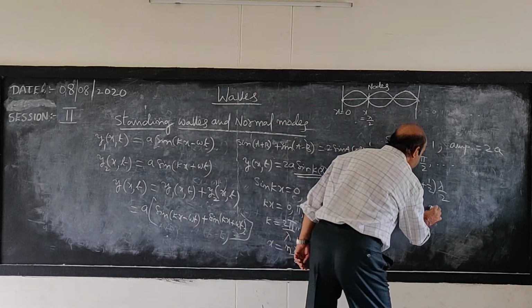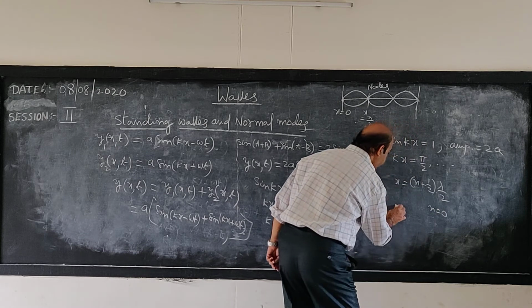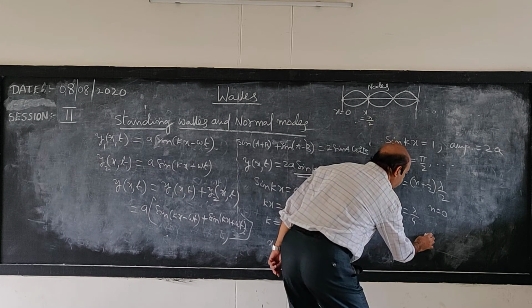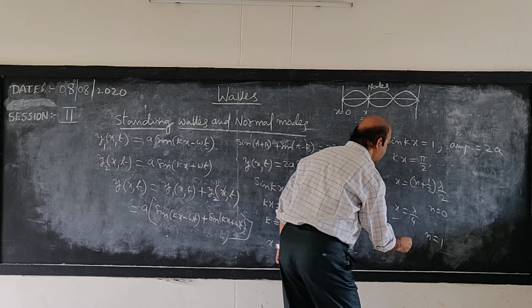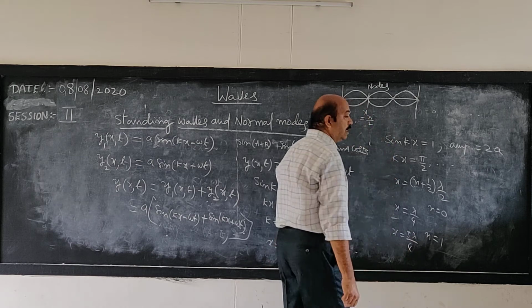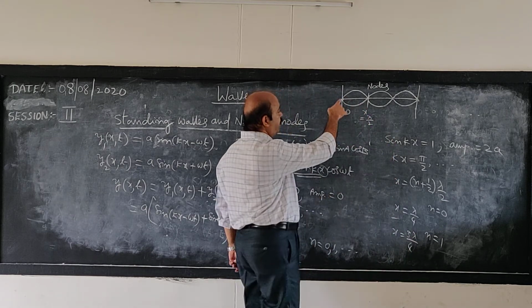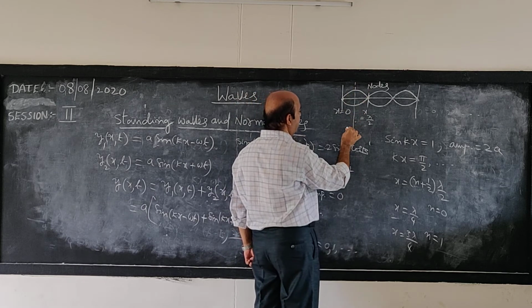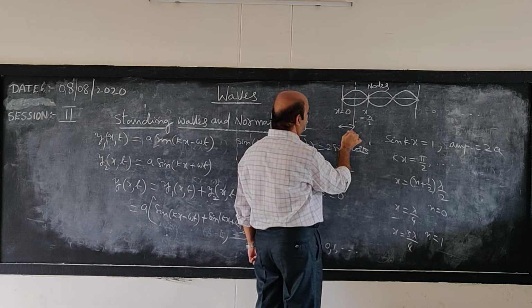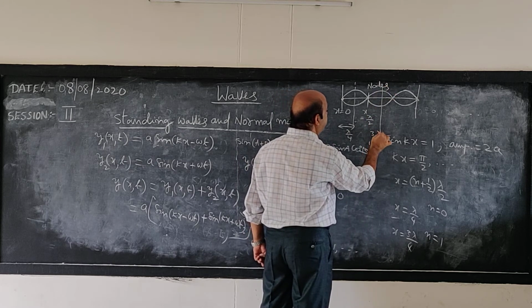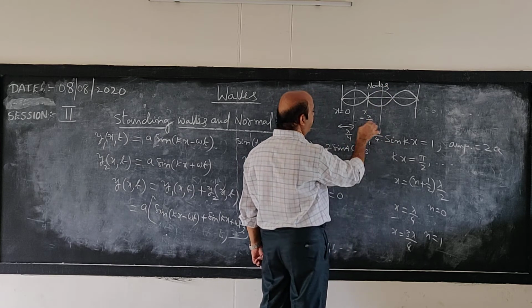For n equal to 0, we get x equal to λ/4. And for n equal to 1, we get x equal to 3λ/4, from the origin.